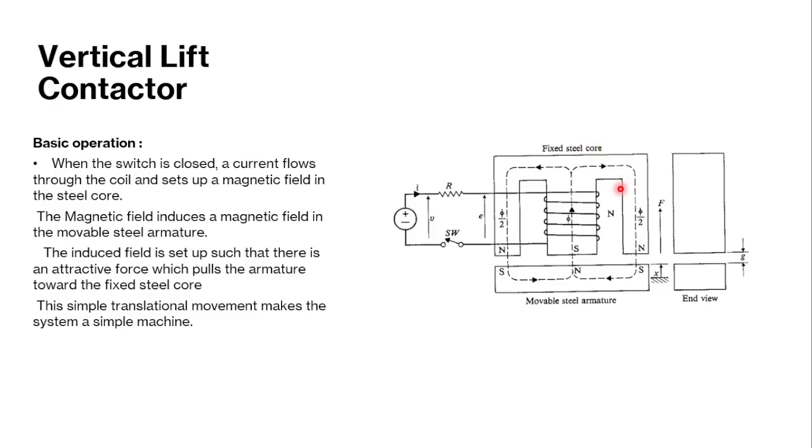So you're basically pulling it up, which is the movement of the machine. So far: voltage, current, coil, flux. When you have the flux in the fixed steel core, it will induce an attractive force that will pull the armature towards the fixed steel core. And that basically does it.